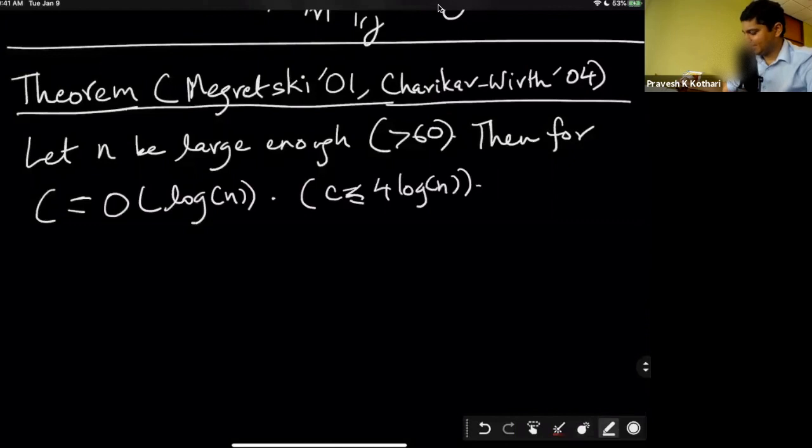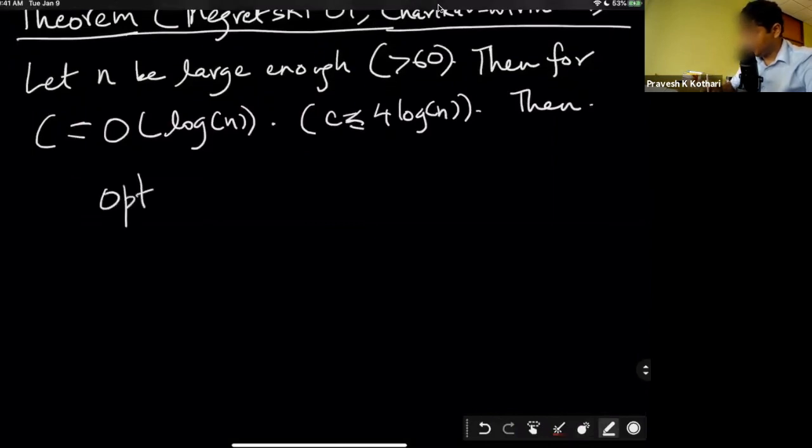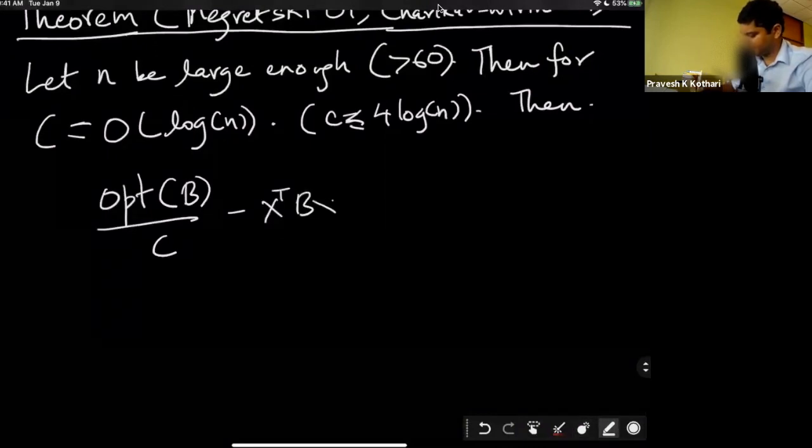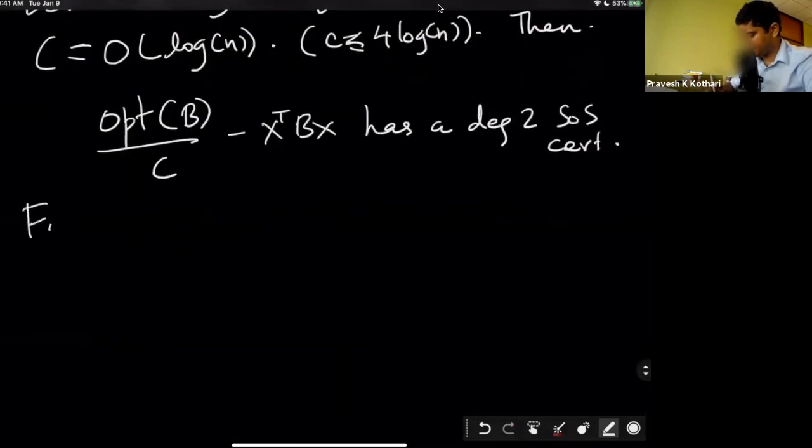So let's say C is at most 4 log n. Then opt of B over C minus FB, which is just X transpose BX, has a degree 2 SOS certificate. Okay, and the same rounding business applies. So in fact, all our proofs will actually yield efficient rounding.